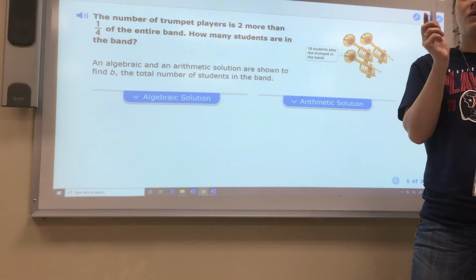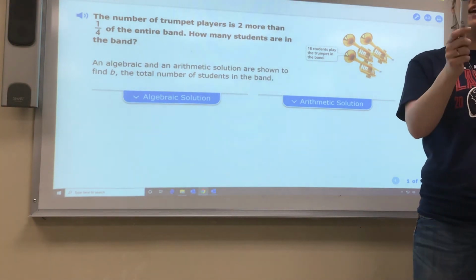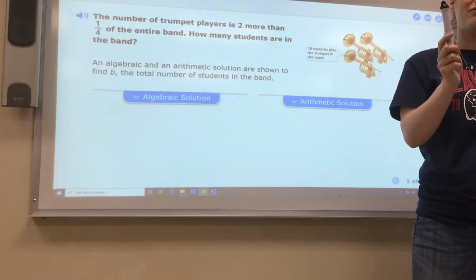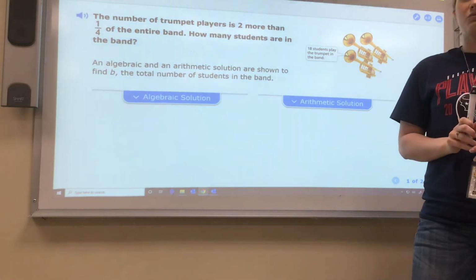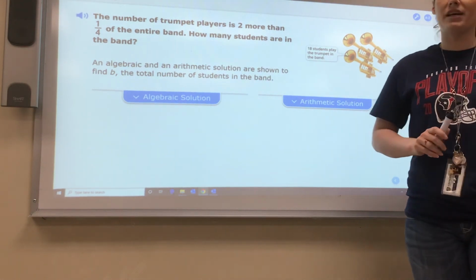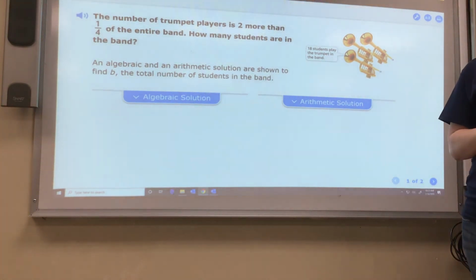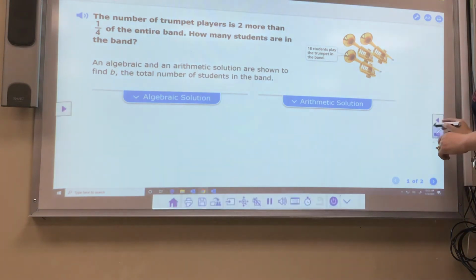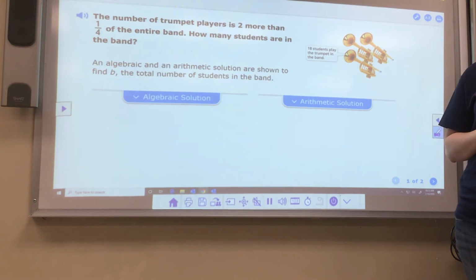We will not go through this if somebody can read this and tell me what the equation would be. Everybody read it. Quietly, everybody figure it out. Jude wants to do it. I think I know.